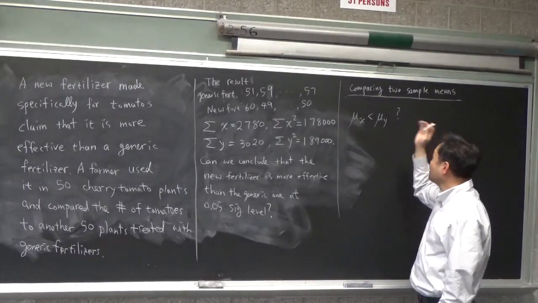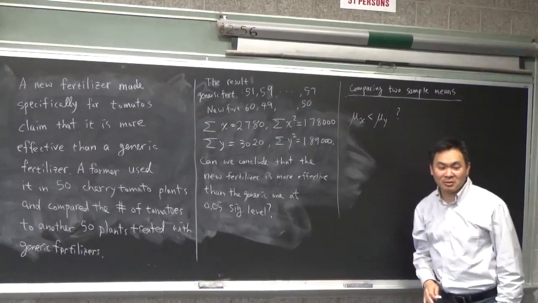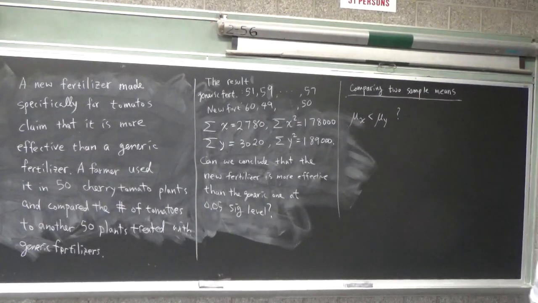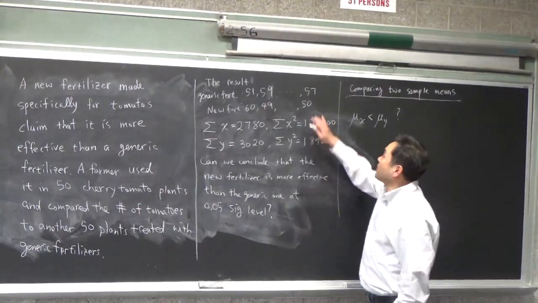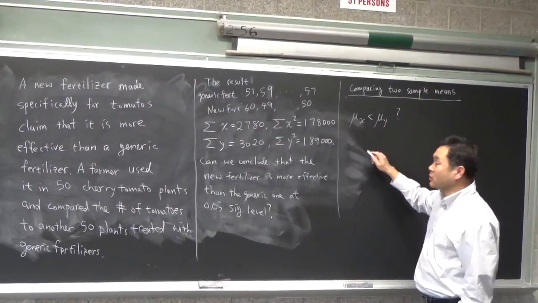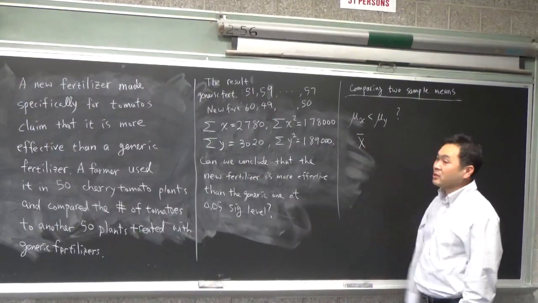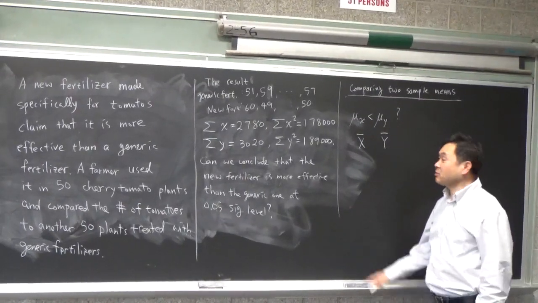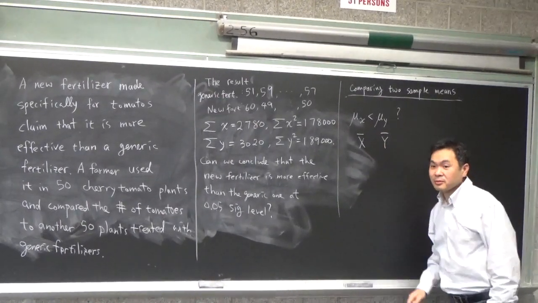That's not possible. So we don't really know the true mean value. What we have is just the sample mean. Okay? So we have access to the sample mean and the sample mean of this other one.